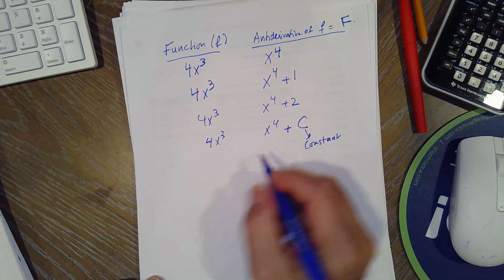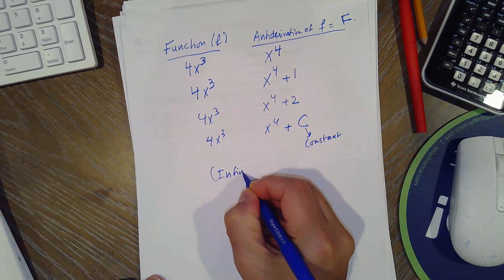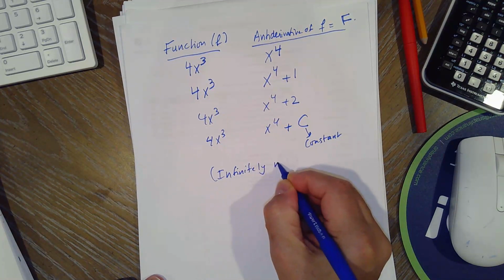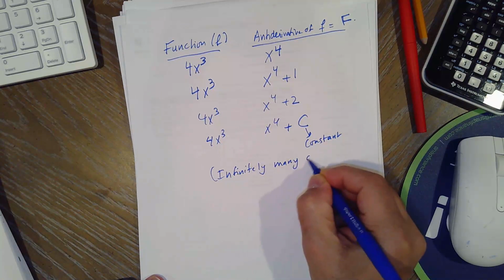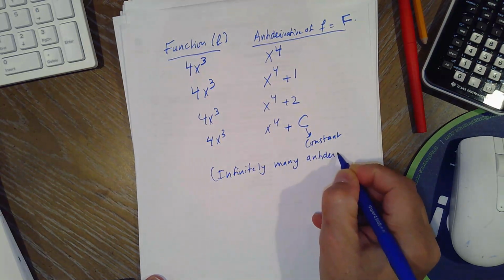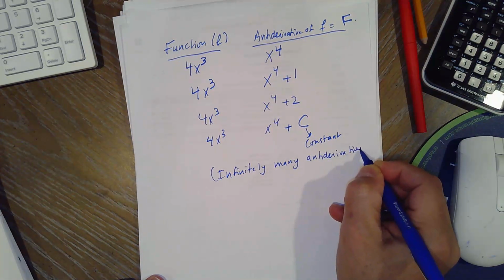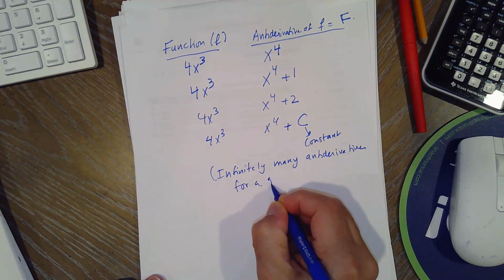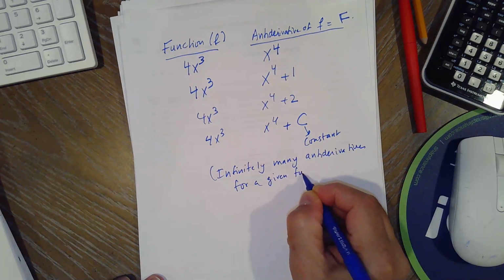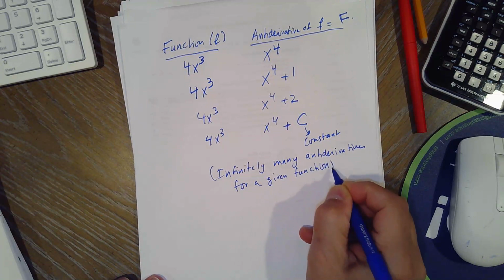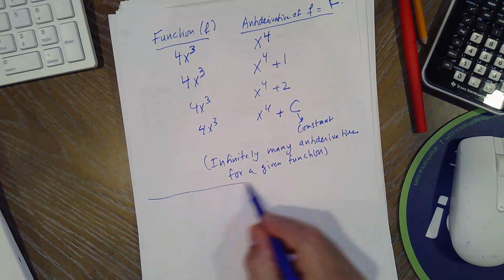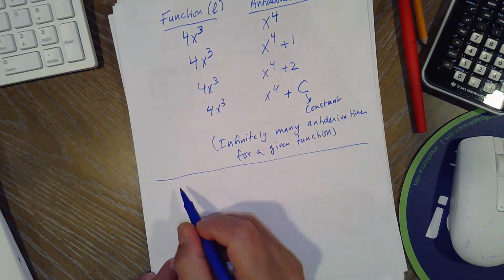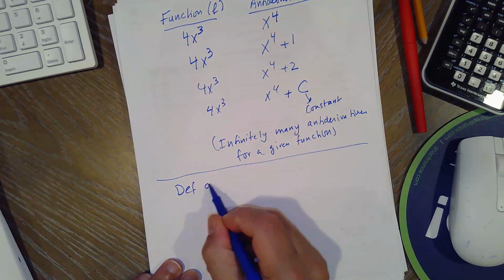Okay? So there's infinitely many antiderivatives for a given function, when those exist, of course. So let's define what we mean by antiderivative.